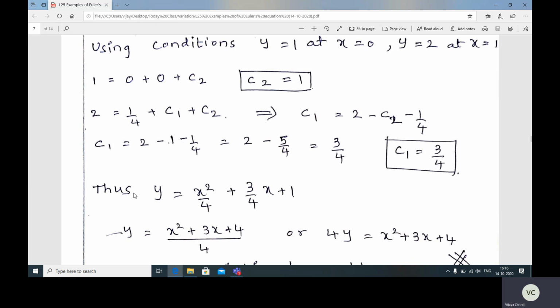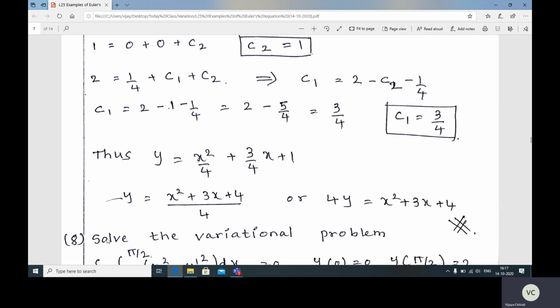So substitute this in the general solution. C1 is equal to 3 by 4 and C2 as 1. So y is equal to x square by 4 plus 3 by 4 into x, in place of C1 3 by 4, in place of C2 1, plus 1. So what we have here, the particular solution as y is equal to x square by 4 plus 3 by 4x plus 1.